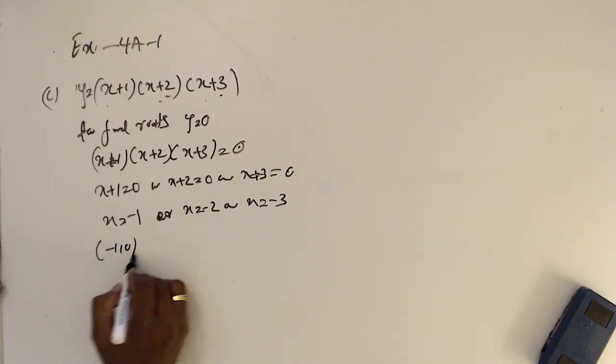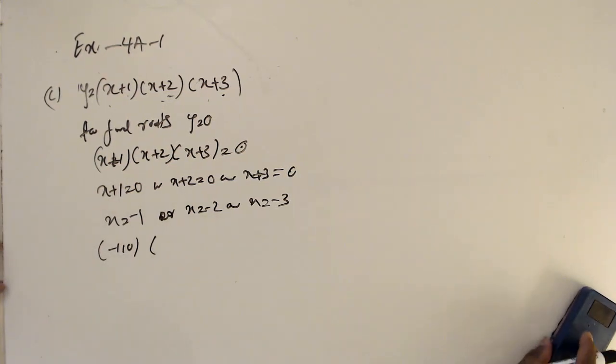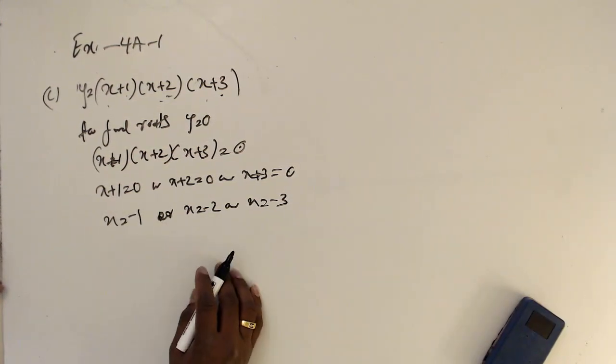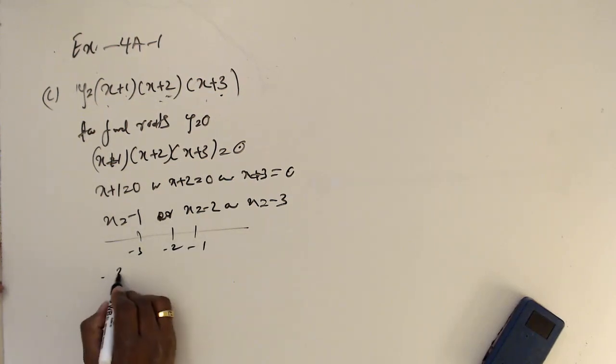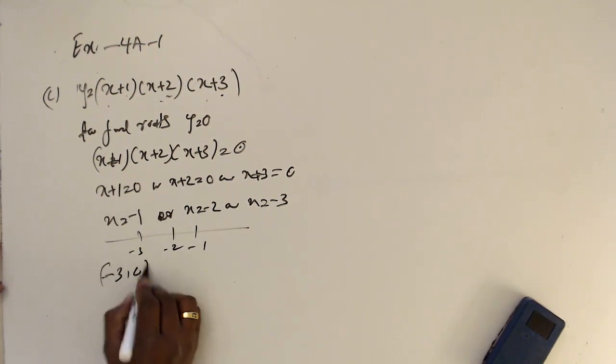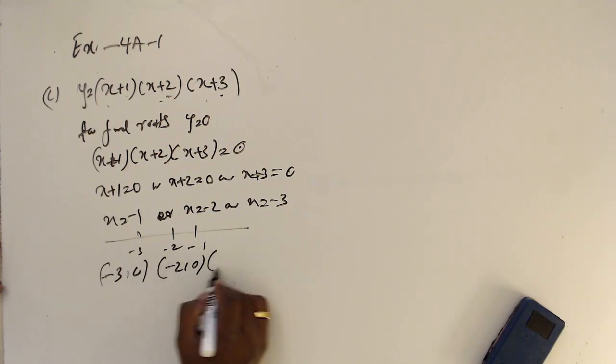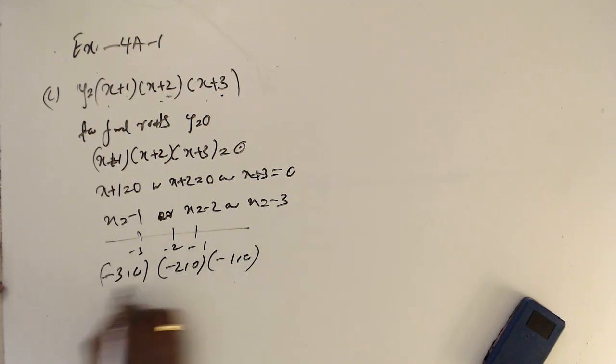So minus 1, 0. Okay, we'll write in sequence on the number line: minus 3, minus 2, minus 1, so minus 3, 0, minus 2, 0, minus 1, 0.